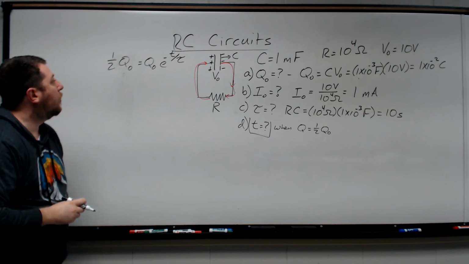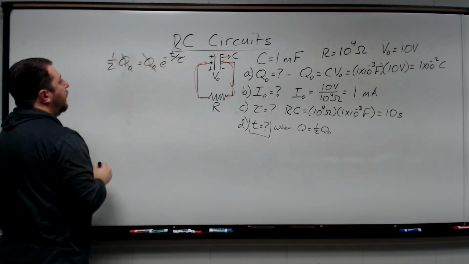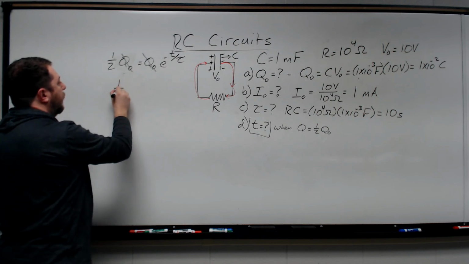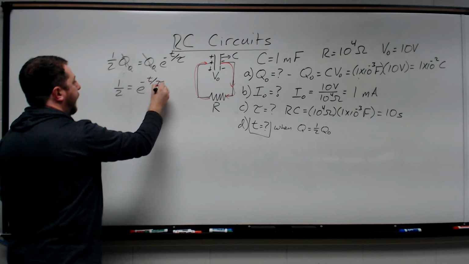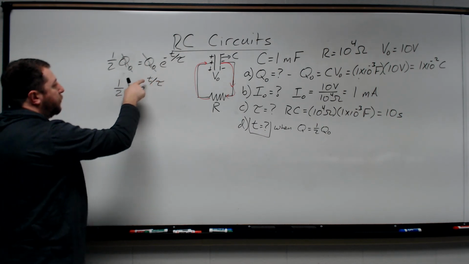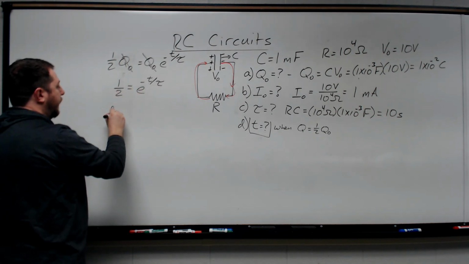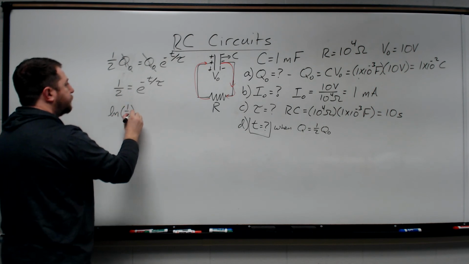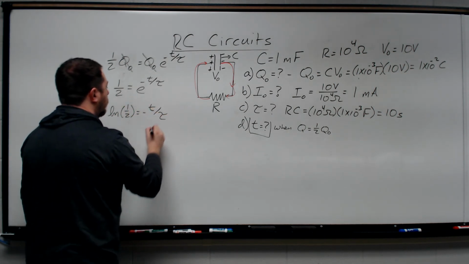Okay, well, since I have Q naught on both sides, I can cancel those out. And I'm left with 1/2 is equal to e to the negative t over tau, right? And to undo the exponential, I take the logarithm of both sides. Okay?